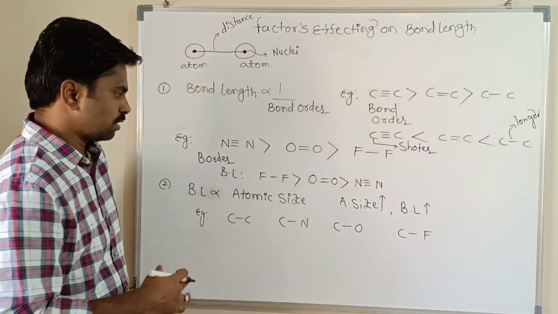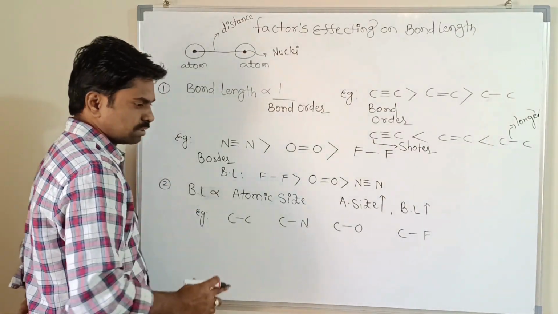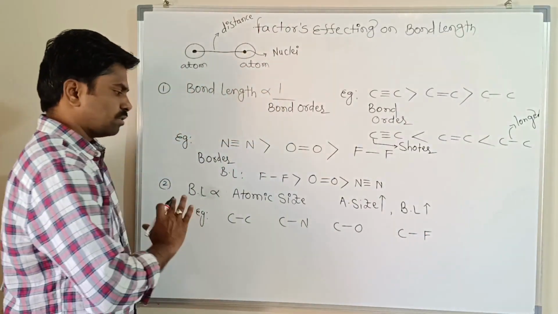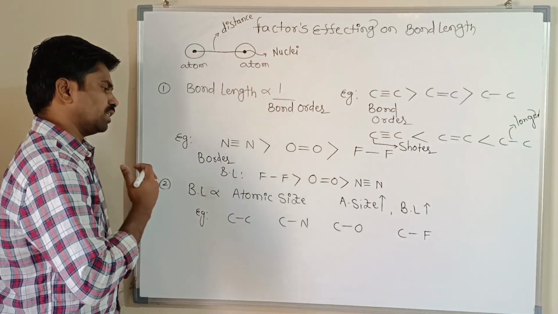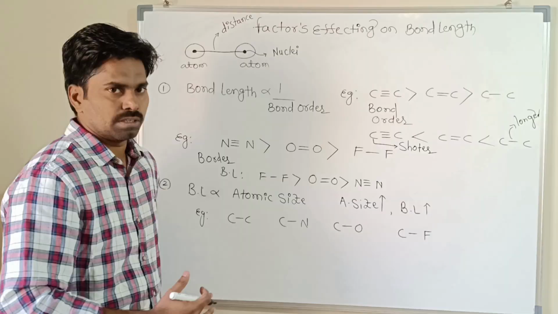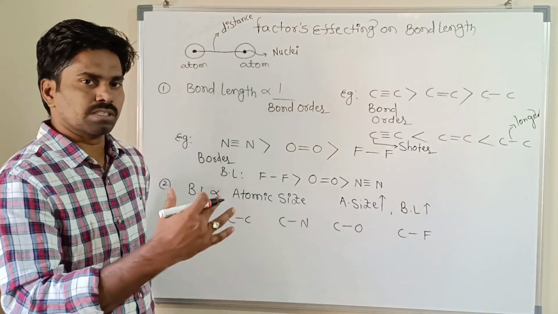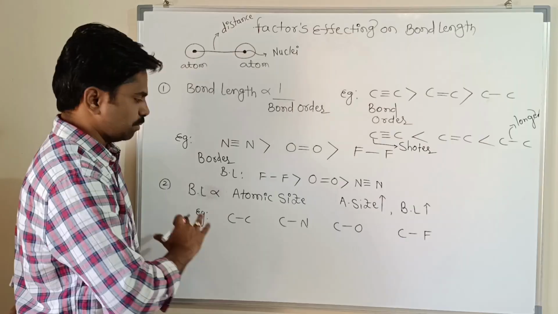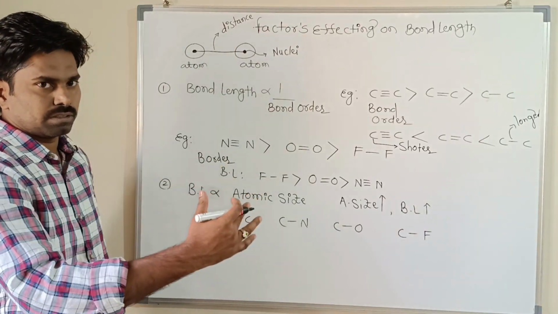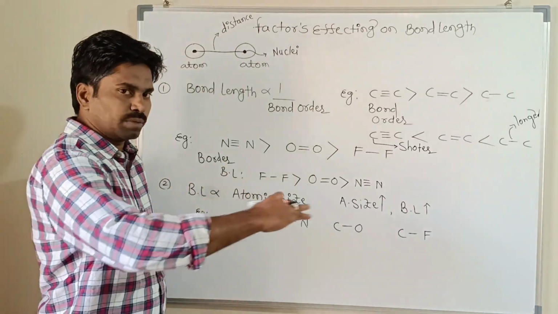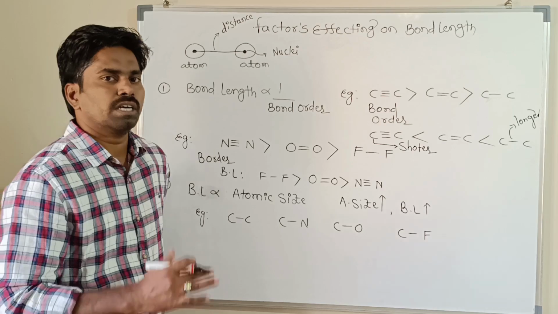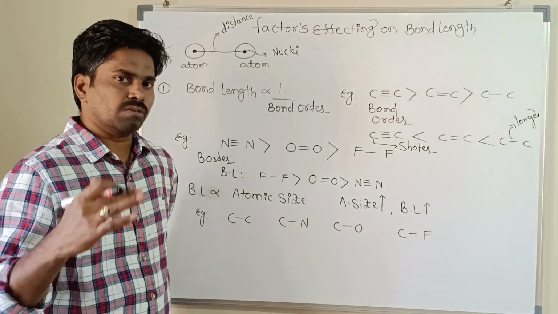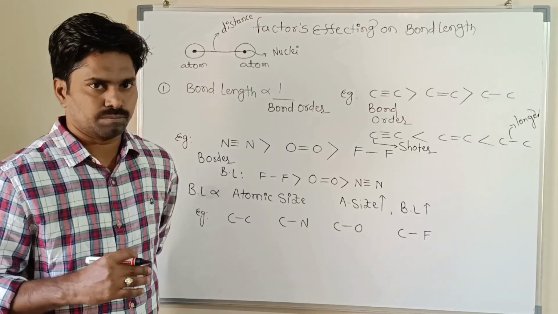So the atomic number increases, but in the periodic table from left to right the atomic size decreases, due to the outermost shell electrons entering the inner orbital.